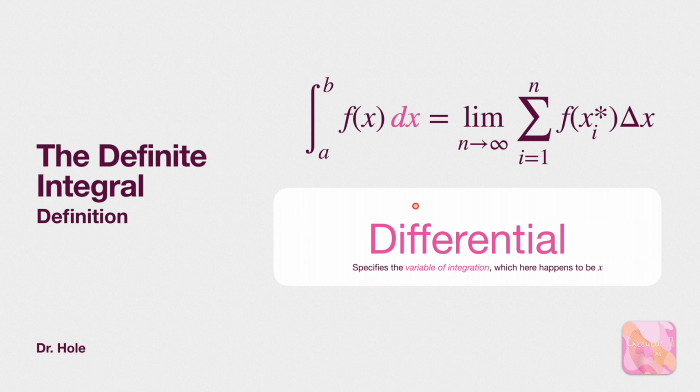And the differential dx is indicating the variable of integration. Since this is the differential for x, that's telling us that the variable of integration is x in this case. And as mentioned before, that differential is telling you the name of the variable, and the bounds are telling you the values for which that variable is taken.